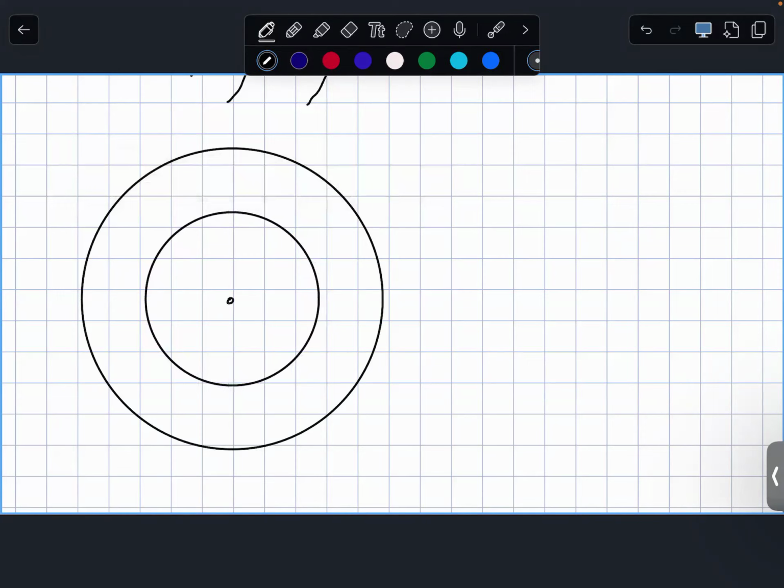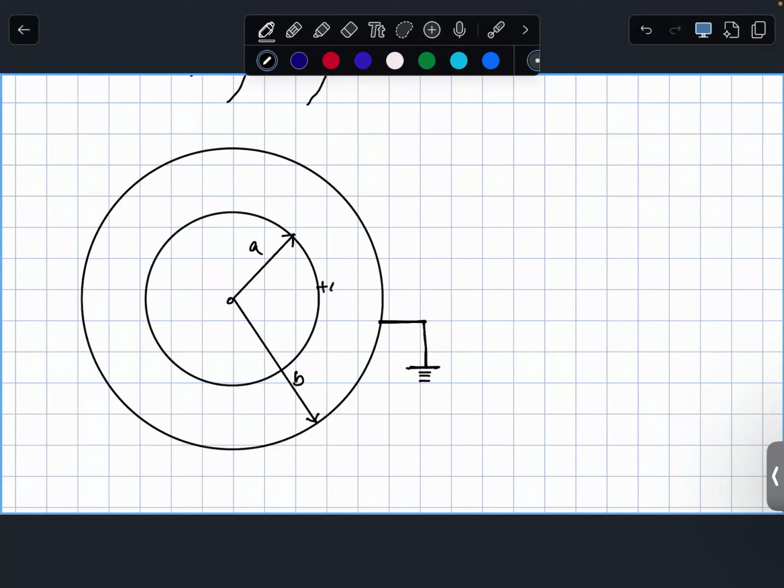Same situation, A, B, connected to Earth.